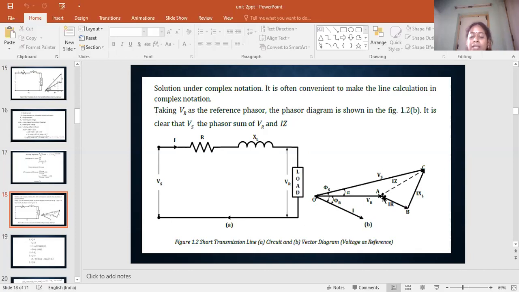In the phasor diagram, we take VR as the reference. I lags VR at an angle of phi r, and Vs forms an angle phi s with respect to the current. And the angle between VR and Vs is alpha.